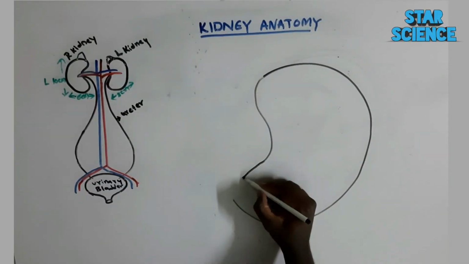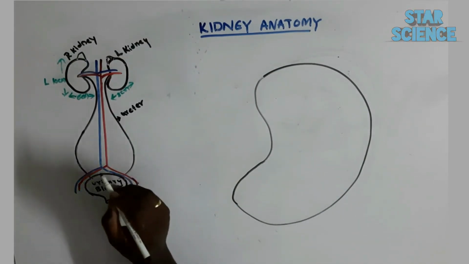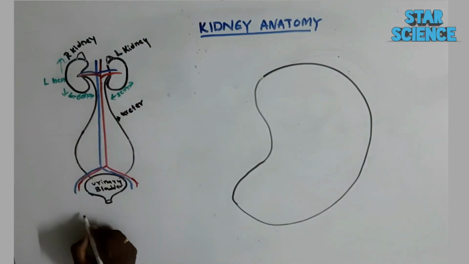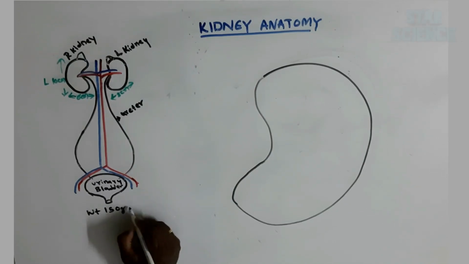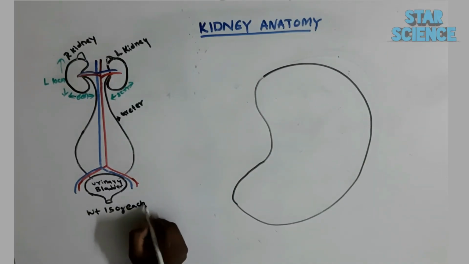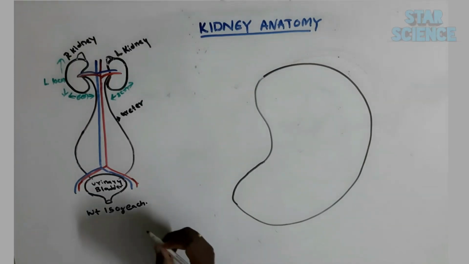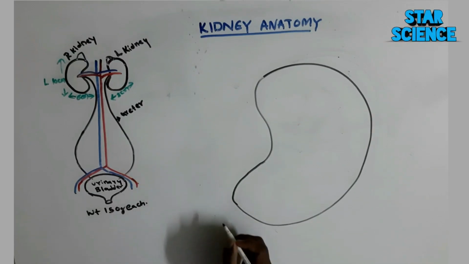And the innermost layer attached to the kidney is the renal capsule, a fibrous transparent capsule which prevents the spread of infection from surrounding regions to the kidney. These are the three layers of the kidney.